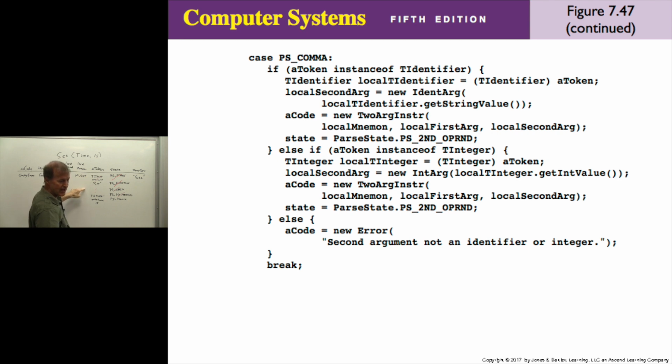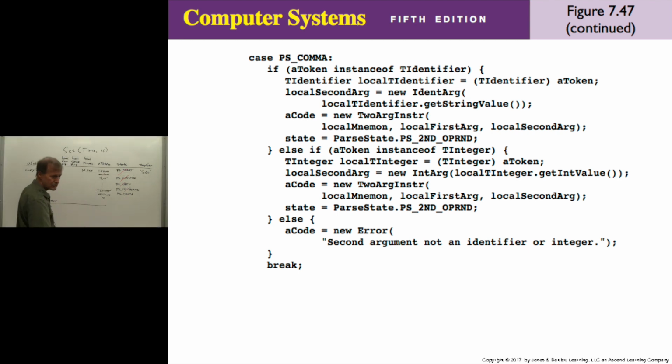So now here we have a local T integer. Local T integer gets what? Oh, here. Okay. So now here we have to do the same thing. We have to typecast the a token, and get that integer token, and then local second arg gets what?